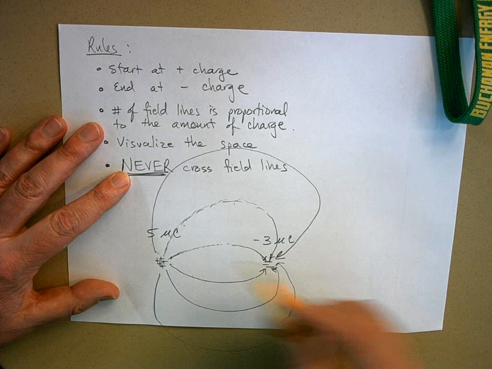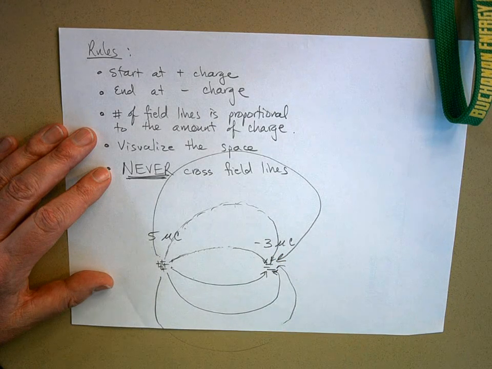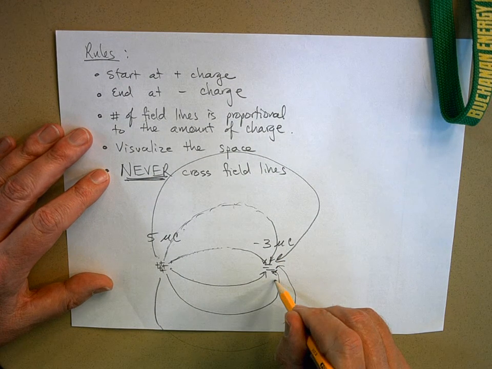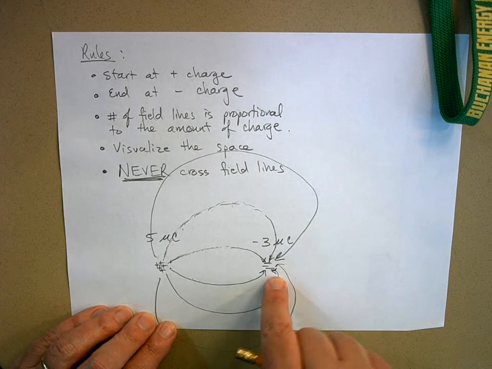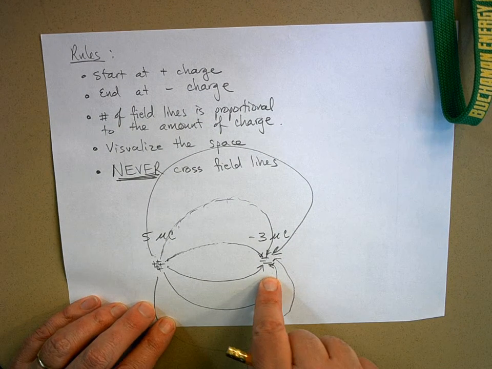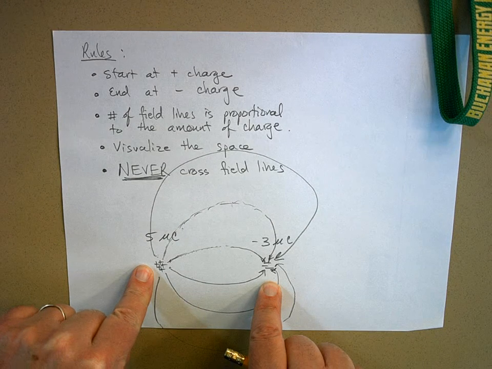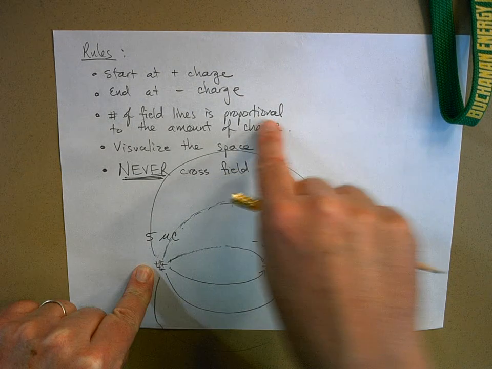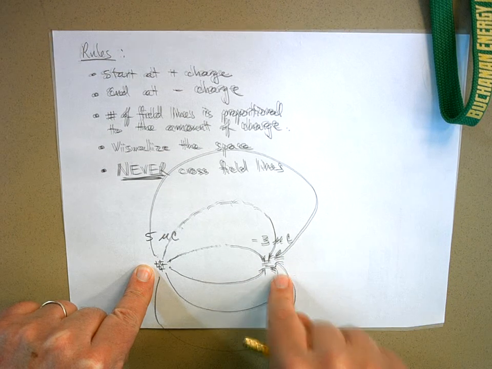Now, here's the deal. I put in 1, 2, 3, 4, 5, 6 field lines into here. Now listen. If I put 6 field lines into this negative charge, how many field lines have to come out of the positive charge, if the number of field lines is proportional to the amount of charge? Well, I doubled 3, so that gives me 6. So I got to double this.